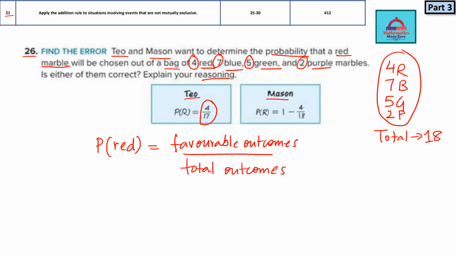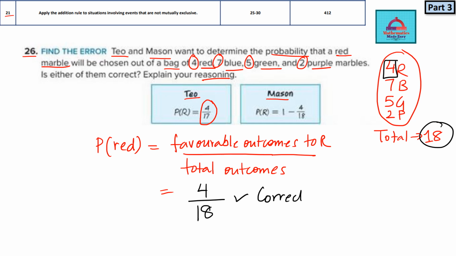This is the formula. So what are the favorable outcomes to getting a red marble over the total? So how many red are there? Let's go back to the figure. So there are 4 red marbles. So definitely favorable is 4 because any one out of the 4 red marble can come. And total outcome is 18. So 4 divided by 18. This is going to be the correct answer.